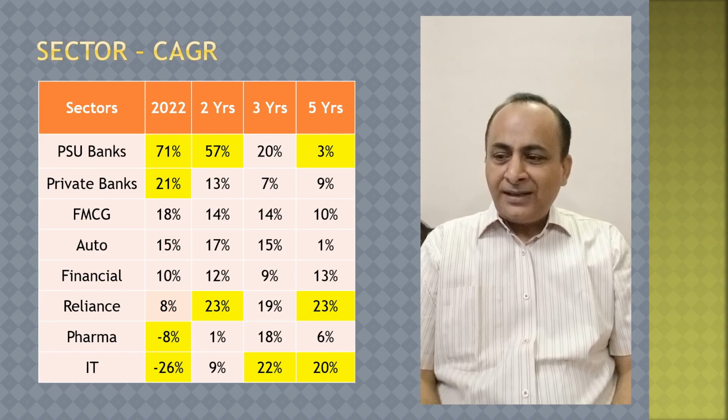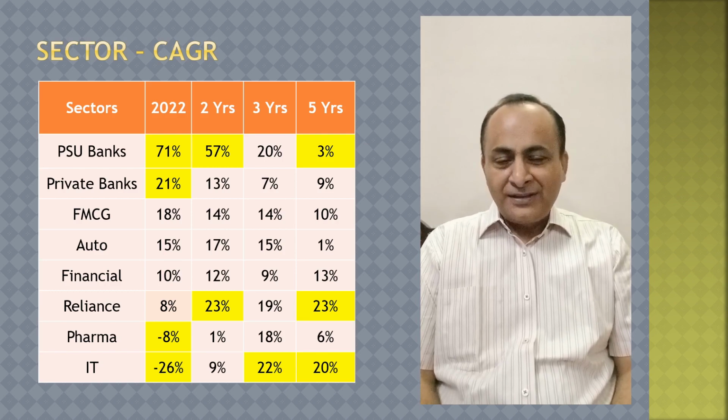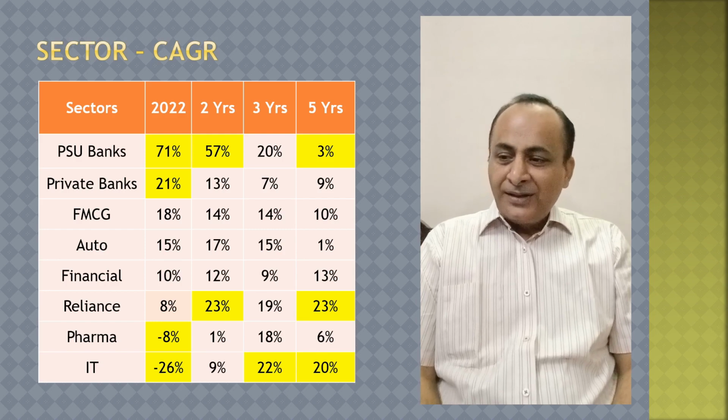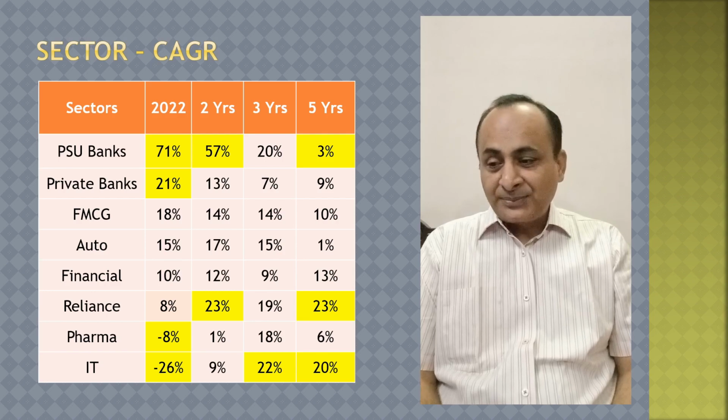Last year is a glaring example. 2022 will be remembered as the rise of banks, in particular PSU banks, and the fall of IT. Last year PSU banks did 70%, and IT was down 26%.